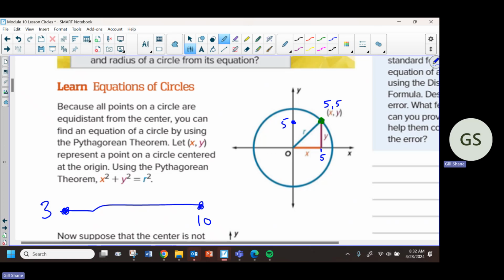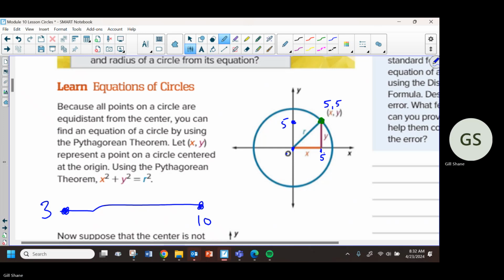Now here, we just happen to be subtracting 0 from 5, so it's just that same number. Same thing here. But that's not always going to happen. Sometimes the circle may not have a center that's at 0, 0. Sometimes the circle may be anywhere else on the graph. And we can't just say that the length is going to be the same exact number as what the x value is.